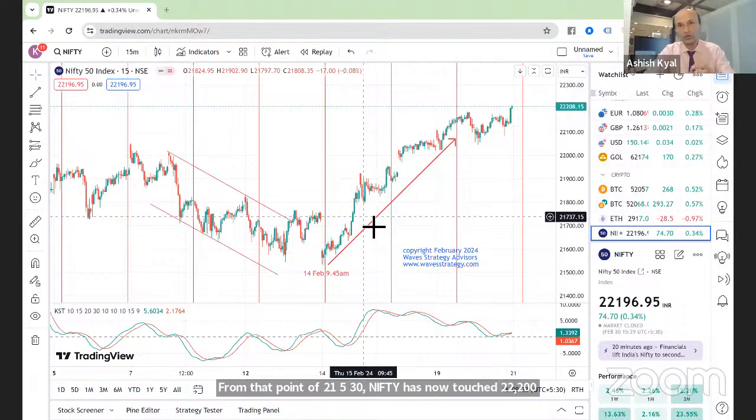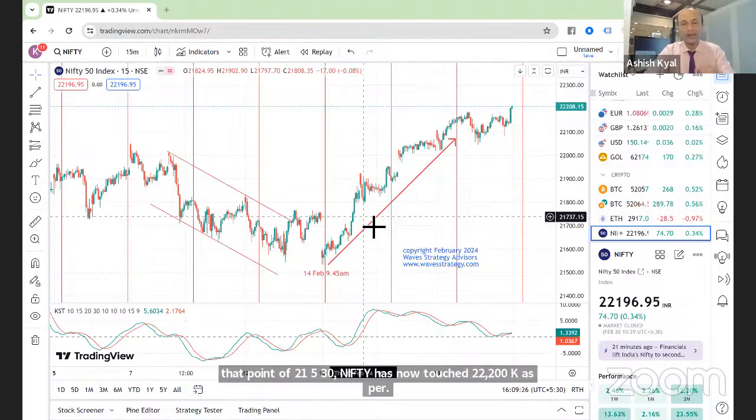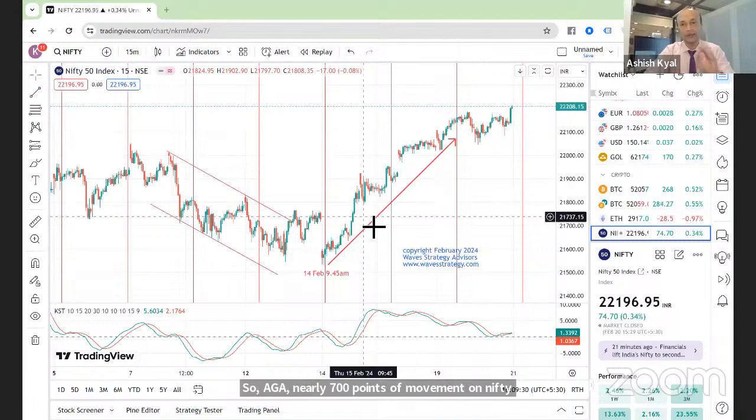So अगर आप सोचोगे, nearly 700 points of movement on Nifty index has happened precisely from that point of time. Precisely from that point of time, और उसके बीच में भी opportunities थी. So for example, there is again an opportunity which is going to be tomorrow, but there is a way to look at these kind of trade setups.